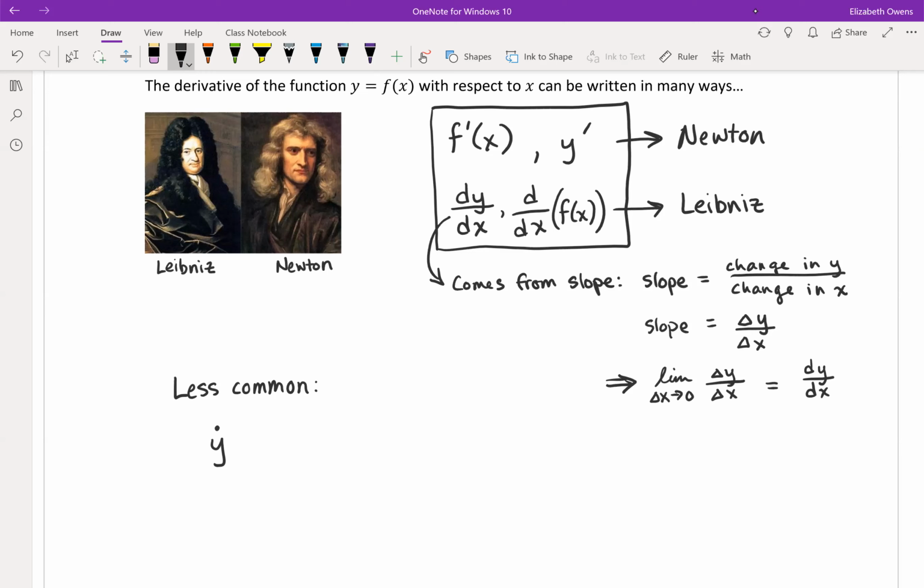This is a variation from Newton, just using a dot instead of a prime. You could see Leibniz's like df dx, that could work. Again, that's very similar to kind of a combination of these two more common Leibniz notations. So this is a Leibniz variation.